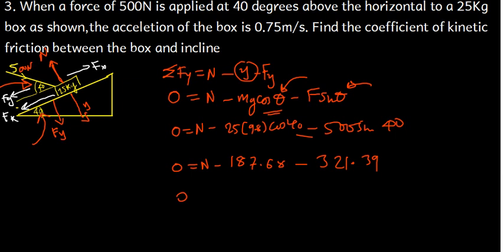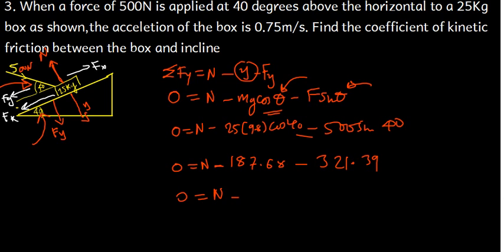So this will give me 0 is equal to N minus 187.68 minus 321.39.